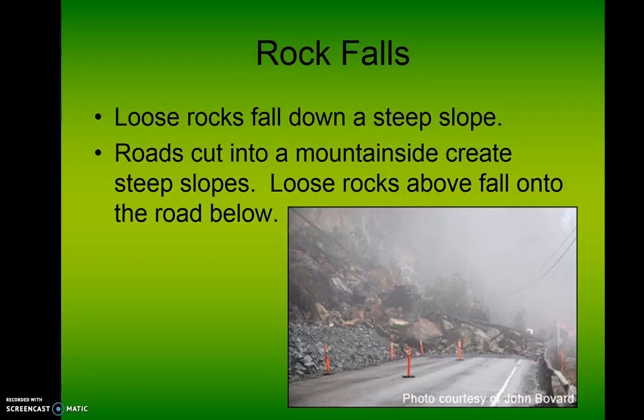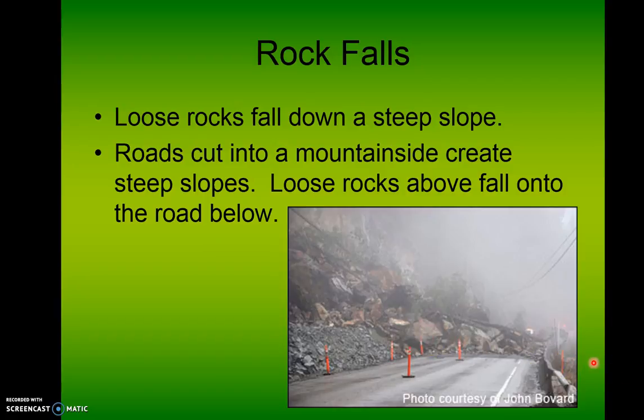So we have loose rocks that fall down the slope because whatever has happened, the angle of repose has gotten too tall for it to stay at the top. So those rocks fall downhill, and they can become a problem if, in this case, they've covered the road. So they can fall on people, or they can block roadways.